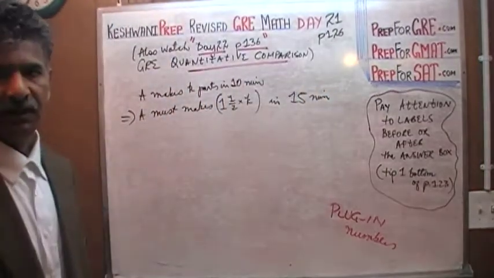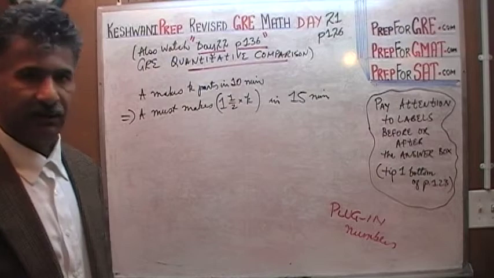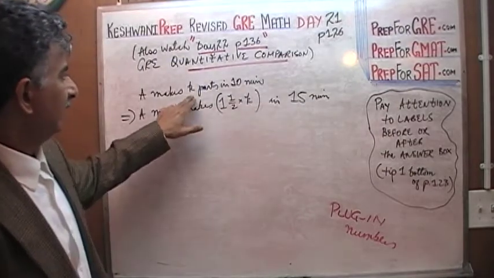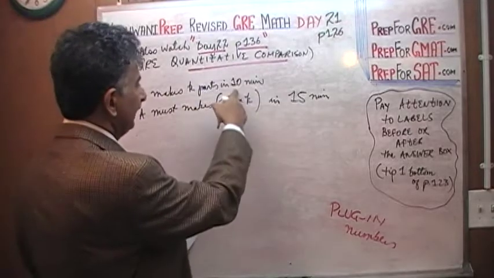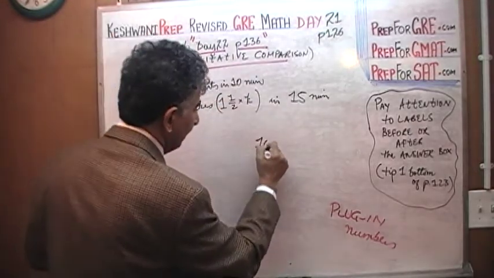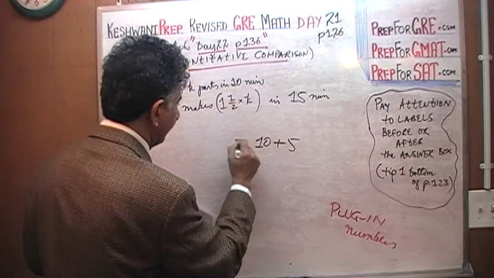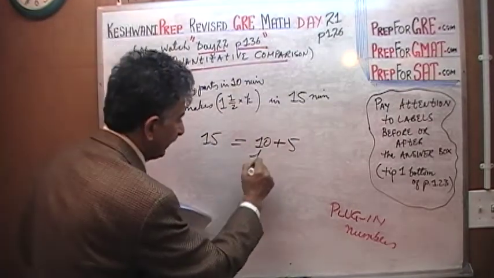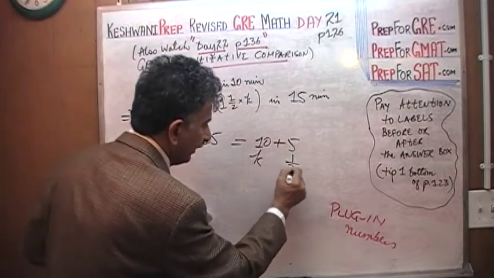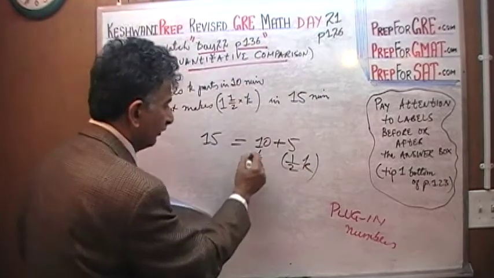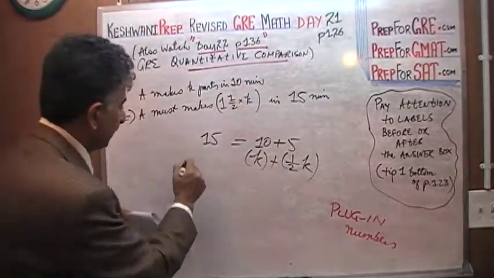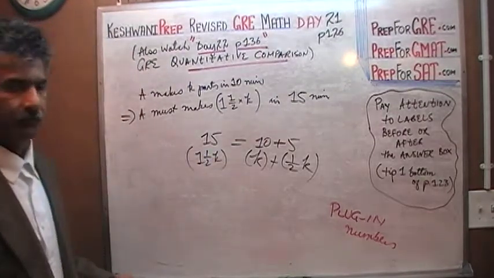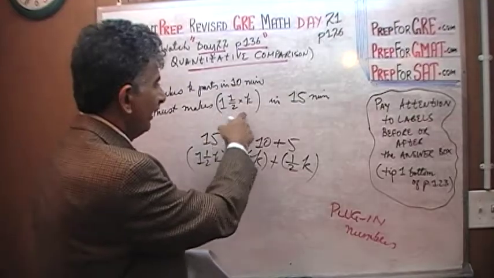This is where the algebraic portion comes in. This is where the geek genes kick in. Why 1.5 times k? Because 15 is 10 plus 5. In 10 minutes you're making k parts. So in another 5 minutes you're going to make half of k, whatever the k happens to be. And therefore in 15 minutes you're going to make 1.5 k.